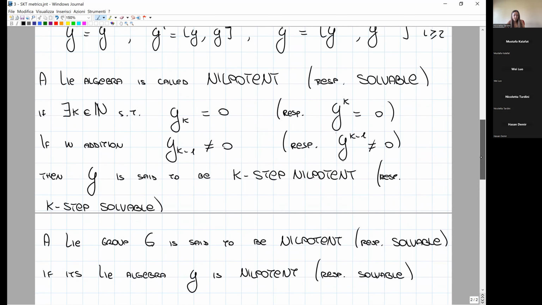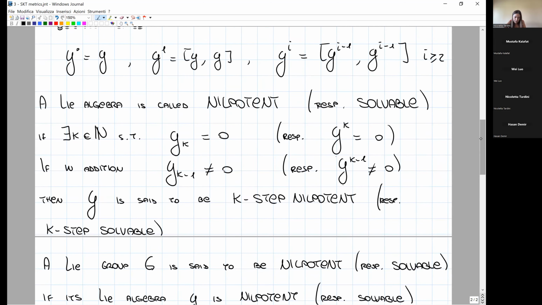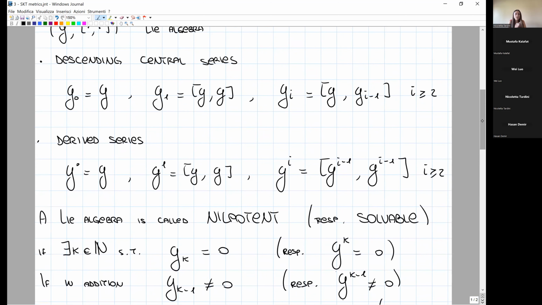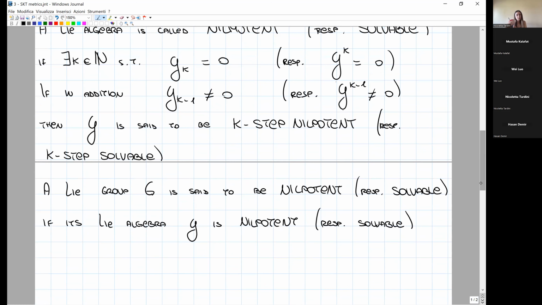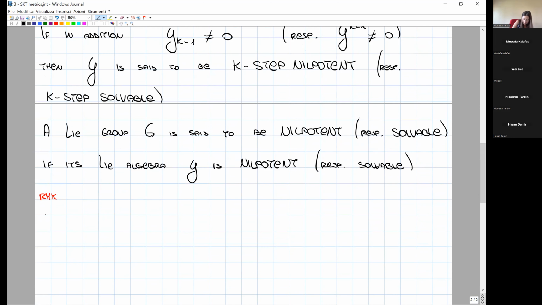So a Lie group is nilpotent when its Lie algebra is nilpotent, which means that the descending central series vanishes at some step, okay? And the nilpotency step for the Lie group is the same nilpotency step that we have for the Lie algebra. And just a remark, you can check immediately using the definition that nilpotent Lie algebras are solvable. Okay. So the definition of solvable Lie algebras is more general than the one of nilpotent Lie algebras.